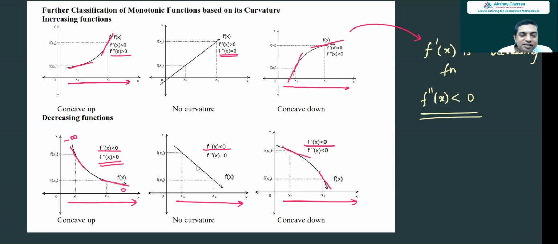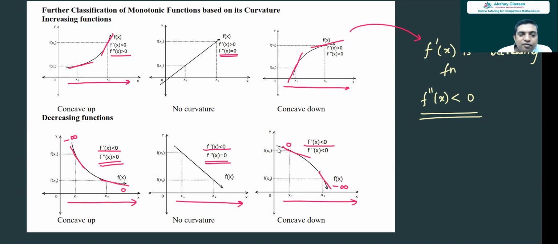In this case, f dash x is negative and its slope will be equal throughout, and therefore, because f dash x is a constant, the second derivative will be 0. And here in this case, we see the slope is a number close to 0, and this is close to minus infinity.